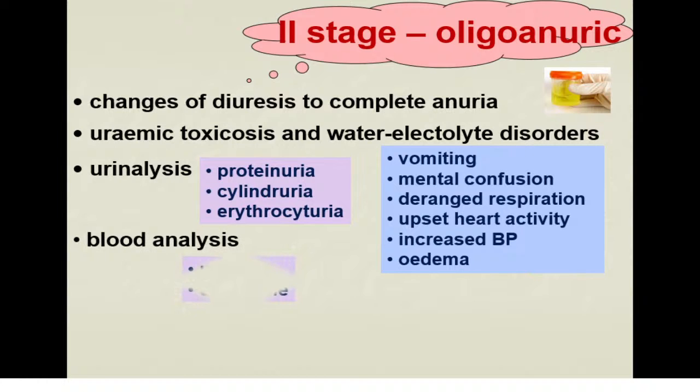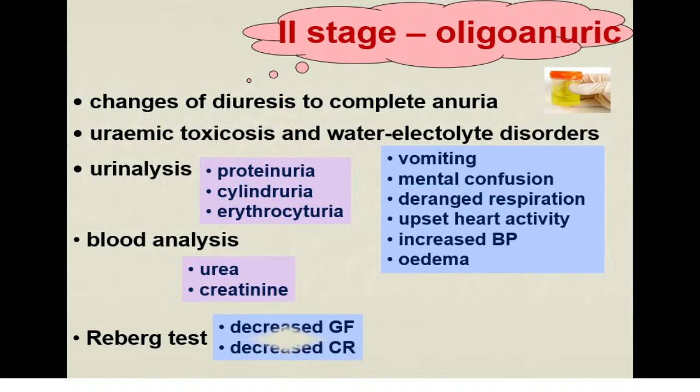Blood analysis show increased level of toxic substances, urea and creatinine, about which I said you, and we can control specific Reberg test, which I use for diagnosis of renal failure, which shows progressive decrease in glomerular filtration rate and coefficient of reabsorption, which show affection of glomeruli and tubules.